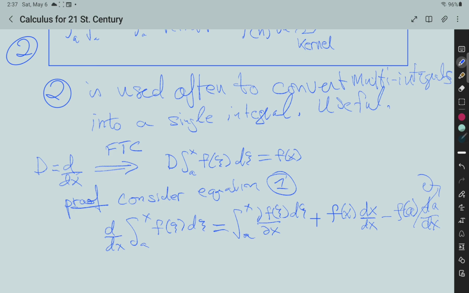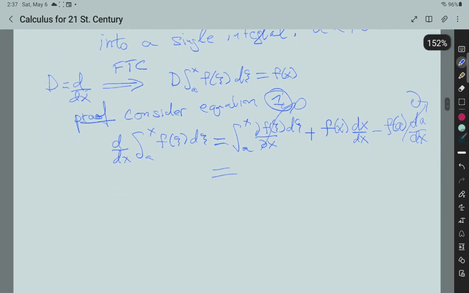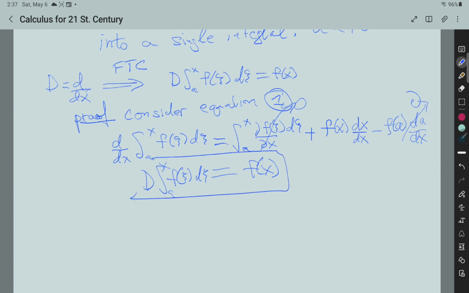This term here is also 0 because the function f of c is independent of x. Therefore you're left with just f of x, and dx by dx is just 1. So this is equal to d of the integral from a to x of f of c dc. This here is just a result of equation number 1.